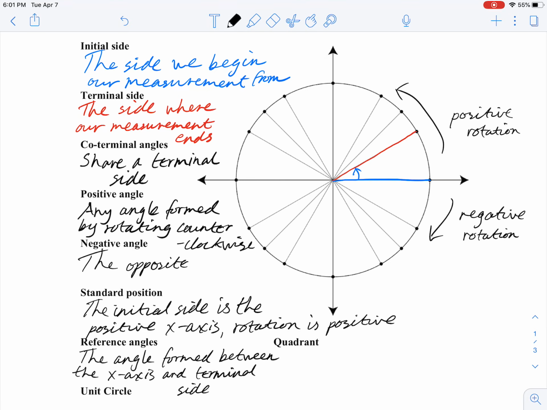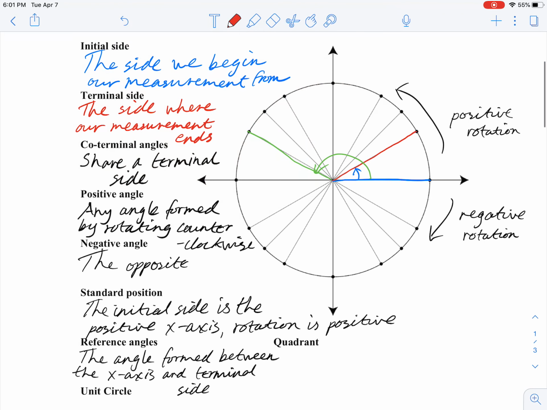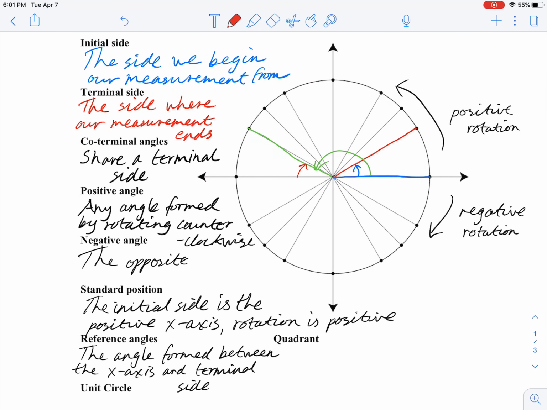So, for example, if we were considering an angle that had terminal side here, so there would be the angle. The reference angle would actually be that measure from the x-axis.